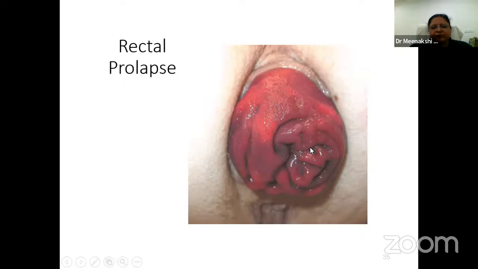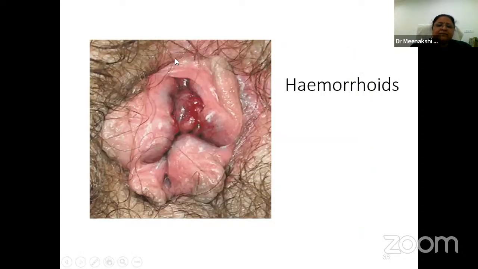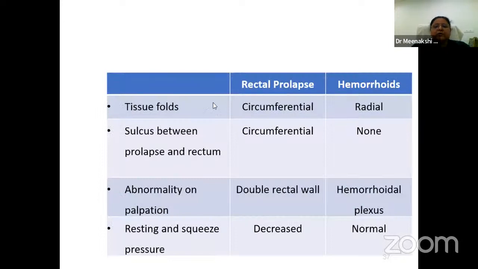Now it is very, very important for us to differentiate between the rectal prolapse and prolapsed hemorrhoids. Okay, so it may get confusing whether it is a rectal prolapse or a prolapsed hemorrhoid. So how to differentiate between these two? Rectal prolapse is always circumferential, while hemorrhoids are radial.